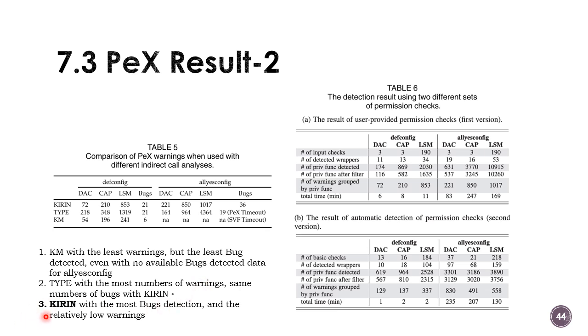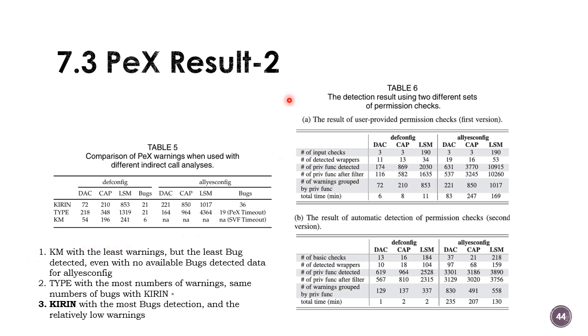And the third one is Karen, with the most bugs detected and relatively low warnings compared with type-based. This shows that Karen gives a balanced result compared to the type-based method and K-Miner.